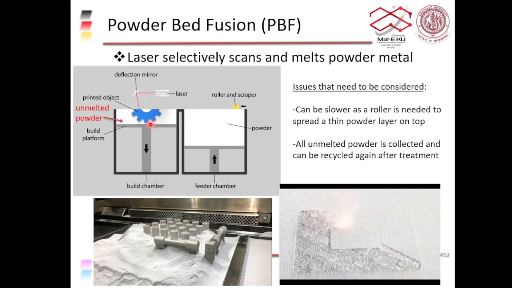After printing that layer, the ram will come down one step, more powder will be on top, etc. You do this continuously, printing one layer, lowering the stage, more powder on top, printing another layer, until you get large pieces like this.